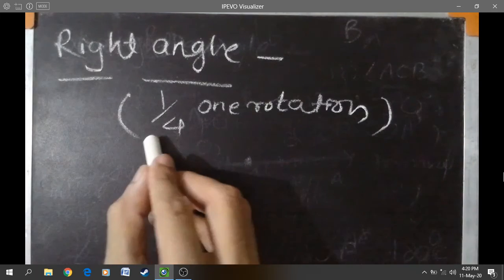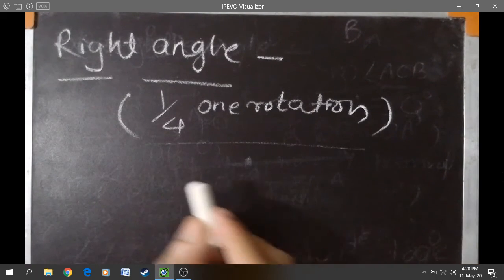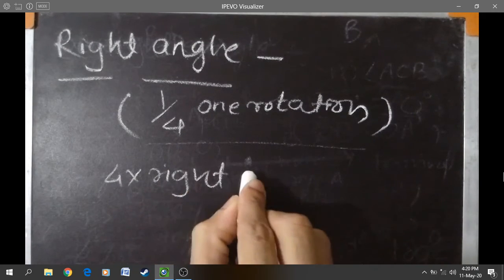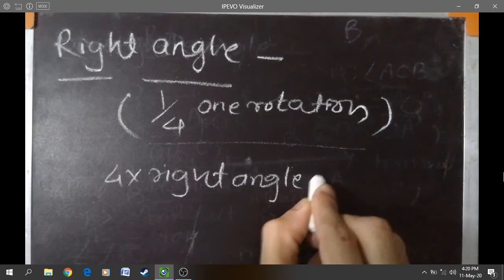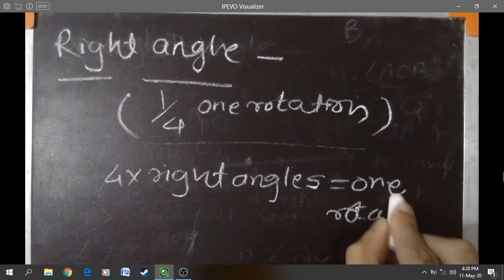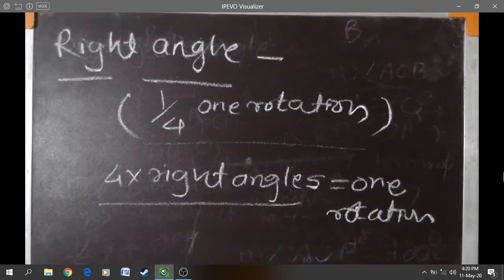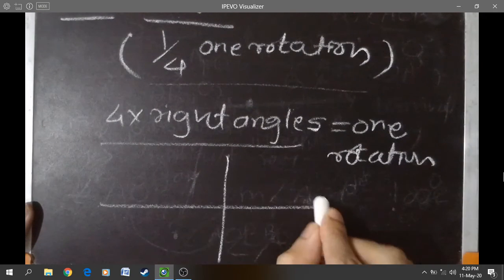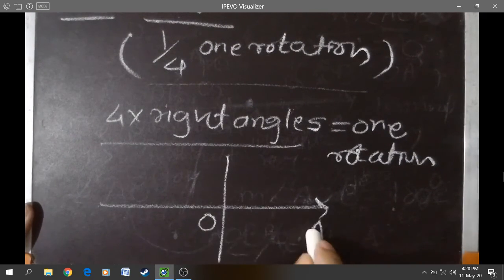So one-fourth of one rotation is a right angle, which means 4 into right angles is equal to one rotation, right? 4 into right angle will be one rotation. How to draw the right angle? The OA, which is our initial ray, right?